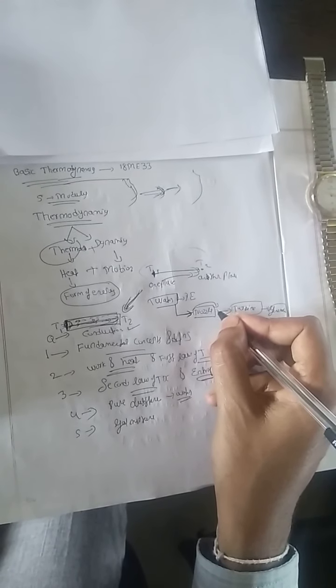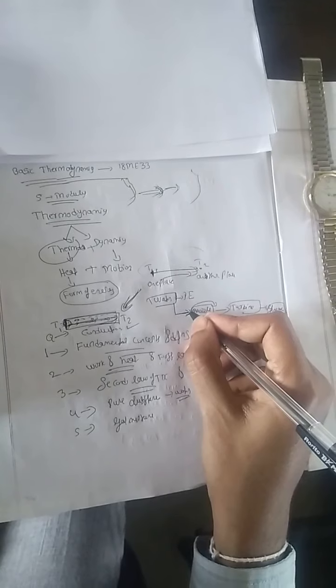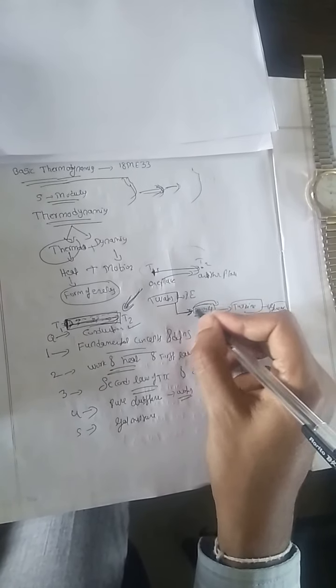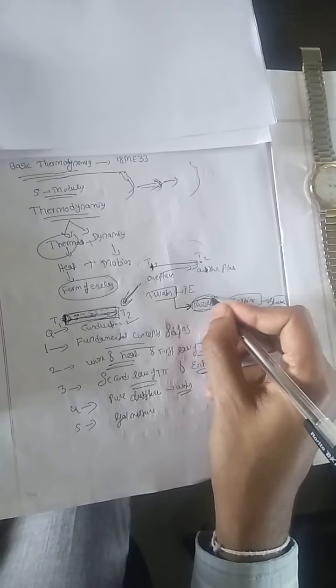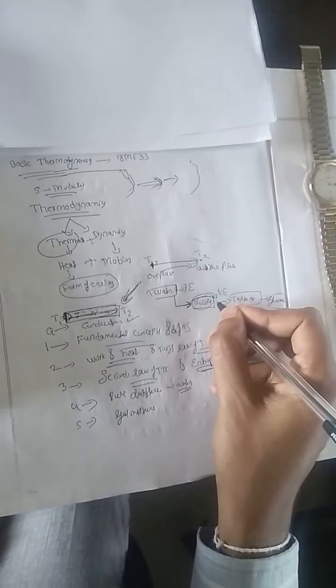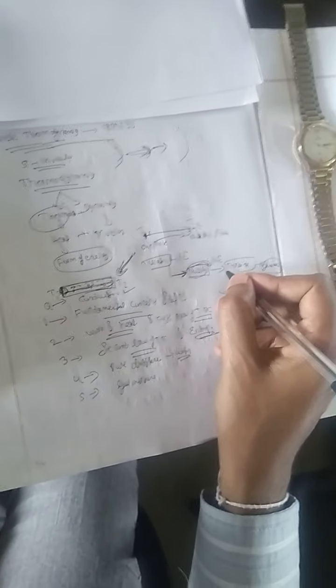The input is low velocity water, and the output of the nozzle is high velocity water. Here you get kinetic energy, the output of the nozzle.